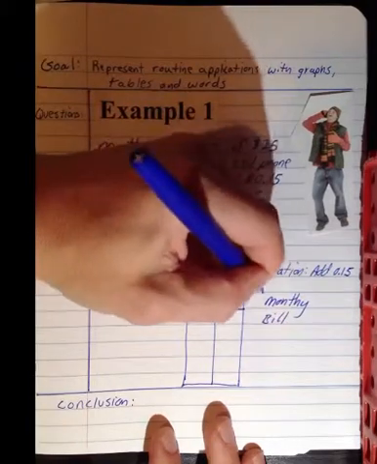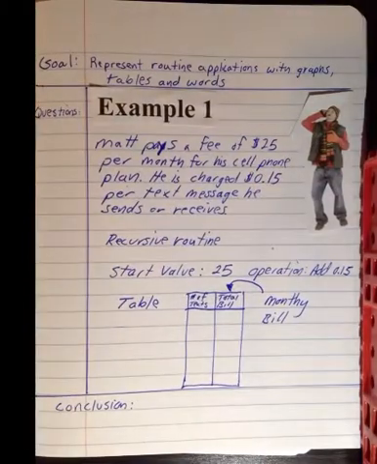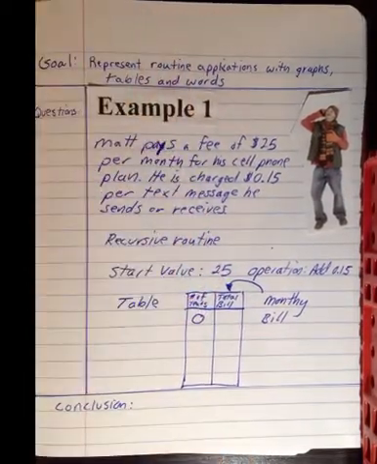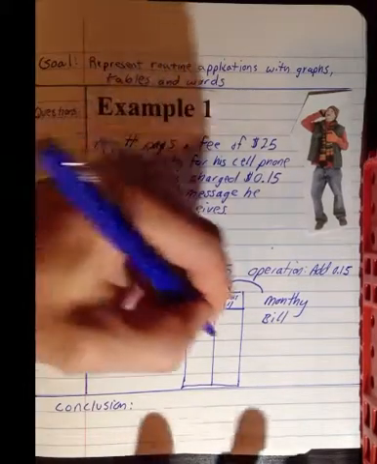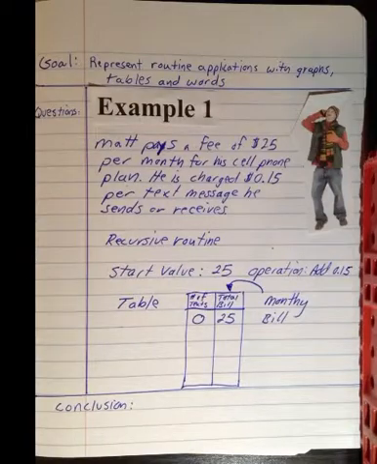I'll just make this a little bit bigger because it's a little hard to read. So if he sends or receives 0 texts, his bill is $25.